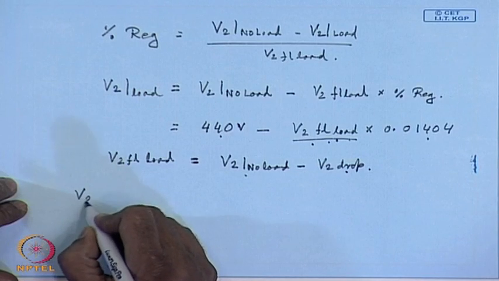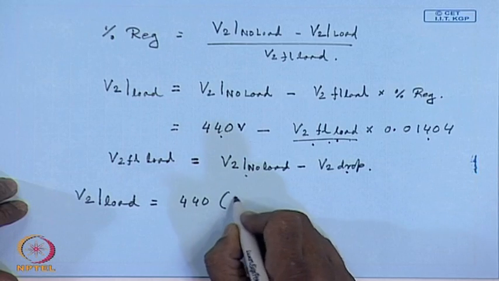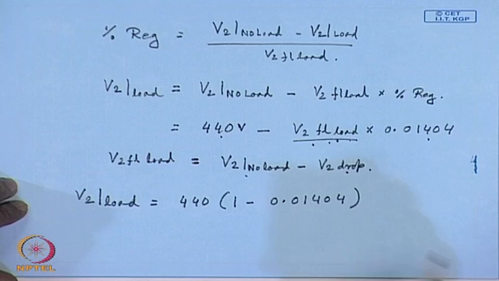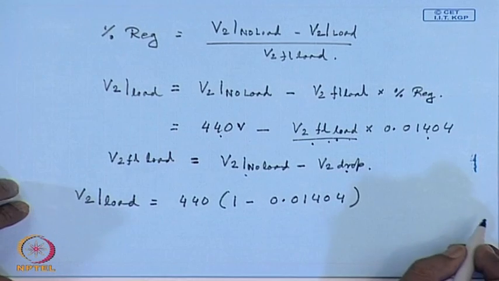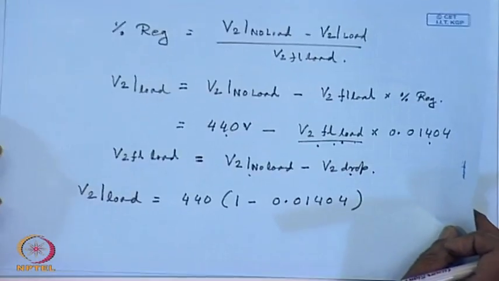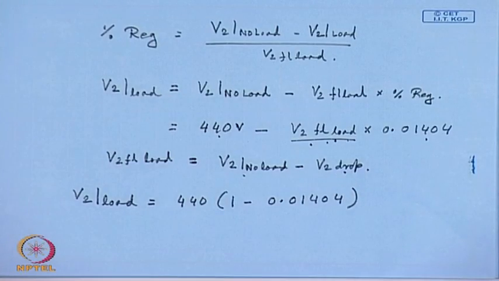So, V2 at load equal to 440 into 1 minus 0.01404. So, this is how from the given short circuit test data, the percentage regulation of a single phase transformer can be found, and with that we can also find what will be the output voltage at any given load.